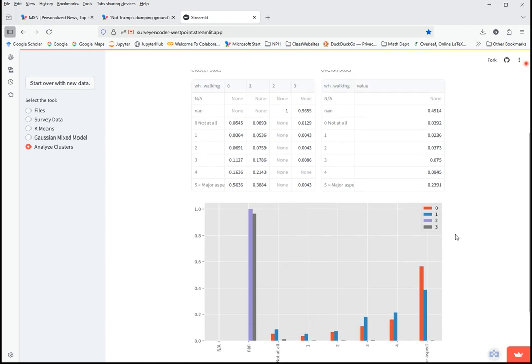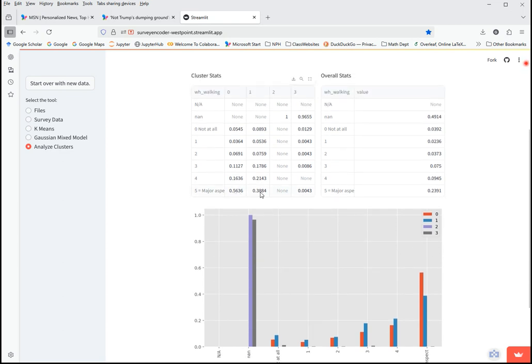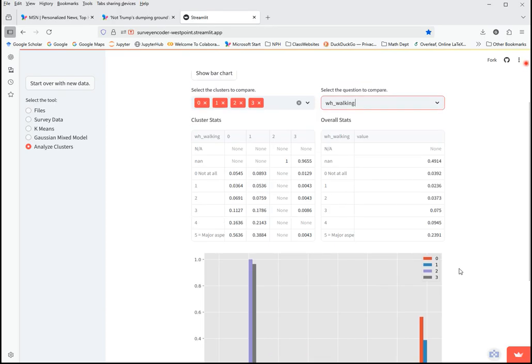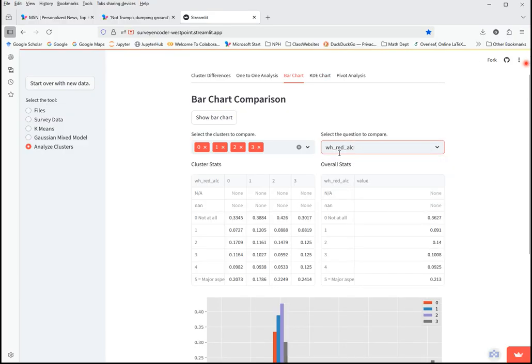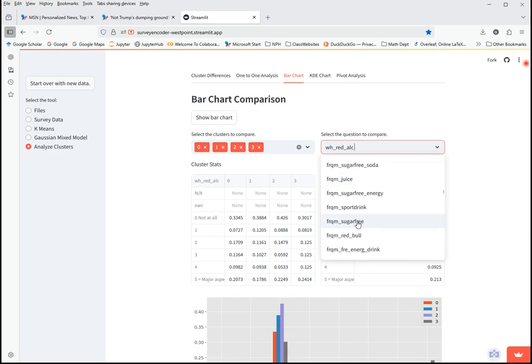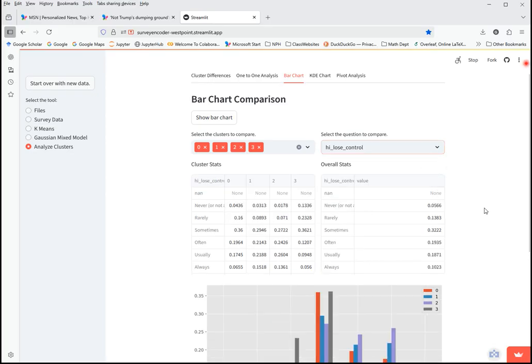You can look at walking the same way. And again, it may look really close. The reason why these people were clustered the way they were is because of the way they answered these questions. But you can go to any question that you're interested in. I don't really remember what all these mean, but you can go through and hopefully find some interesting analysis.